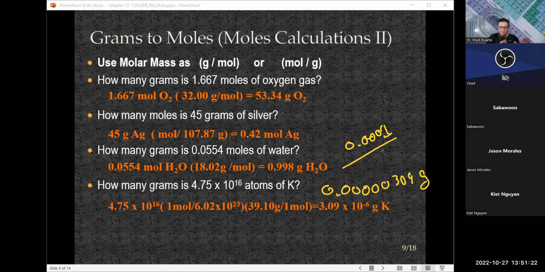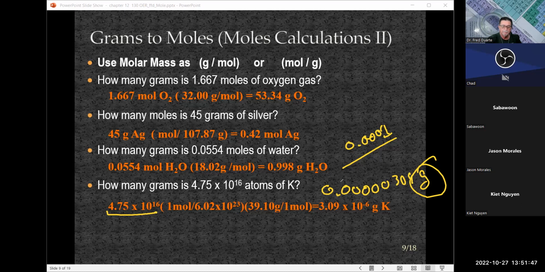But having said that, the point is this: look at how small that number is as far as grams. And even that small number tells you that the number of atoms is extremely large, 4.75 times 10 to the 16 atoms.